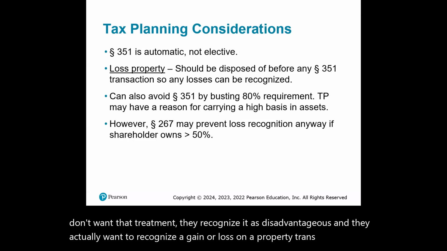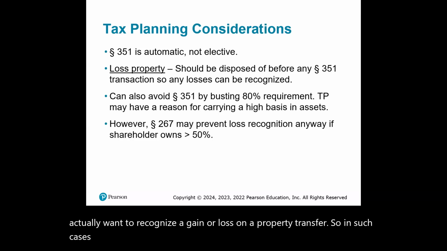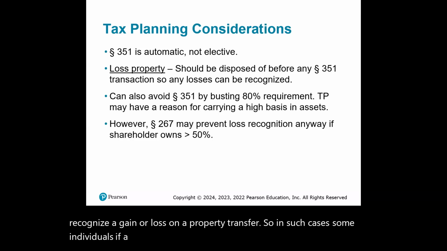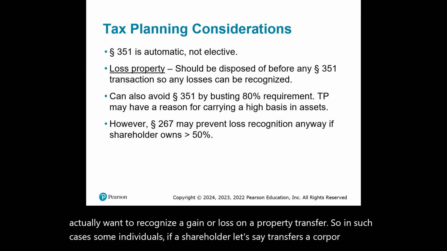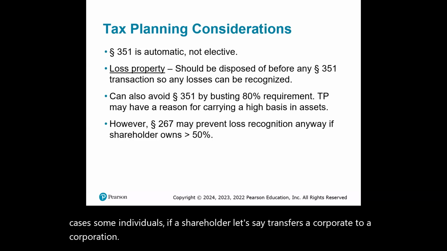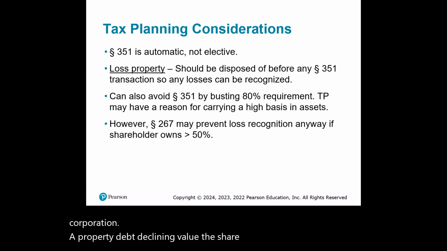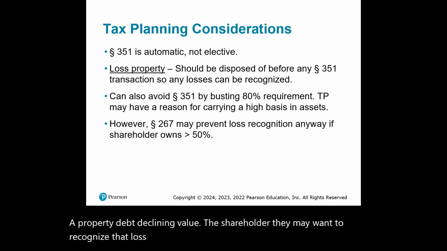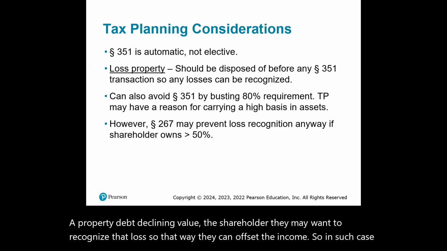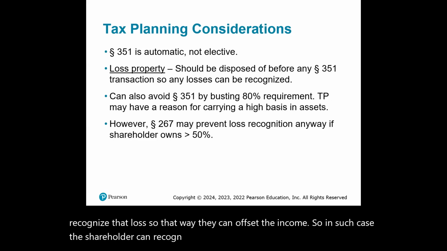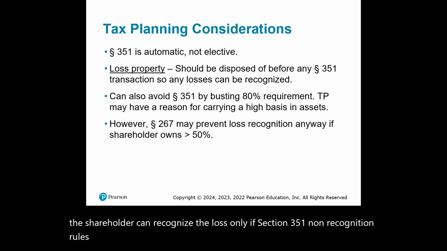In such cases, let's say a shareholder transfers to a corporation a property that declined in value. The shareholder may want to recognize that loss so that they can offset income. In such case, the shareholder can recognize the loss only if the Section 351 non-recognition rules and the Section 267 related party rules do not apply.